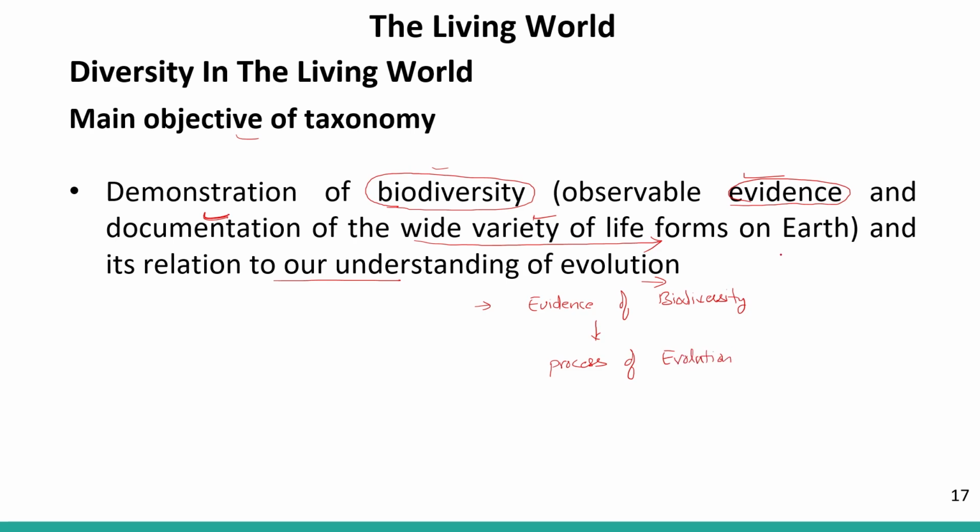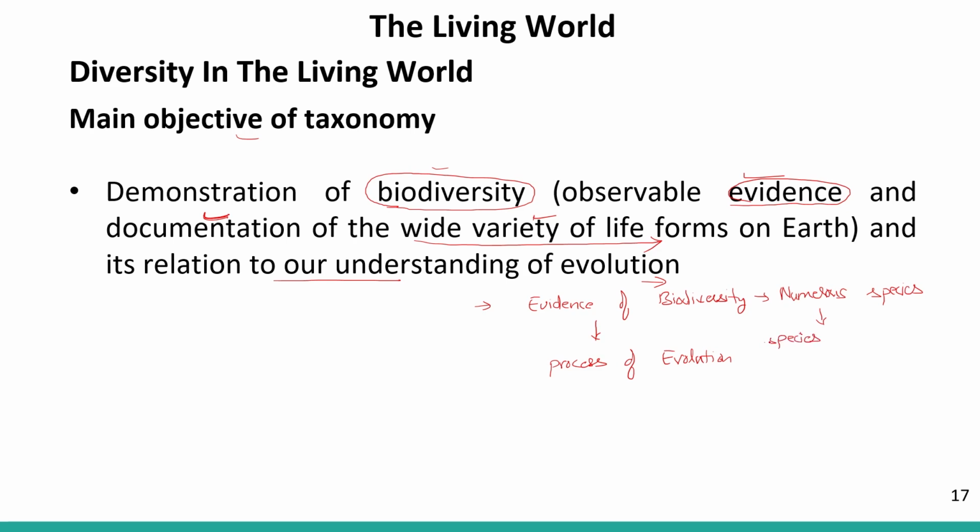Okay. So now you know there is a lot of biodiversity, which means there are numerous species which are adapted to their specific environment. There are numerous species, which means species are not fixed.